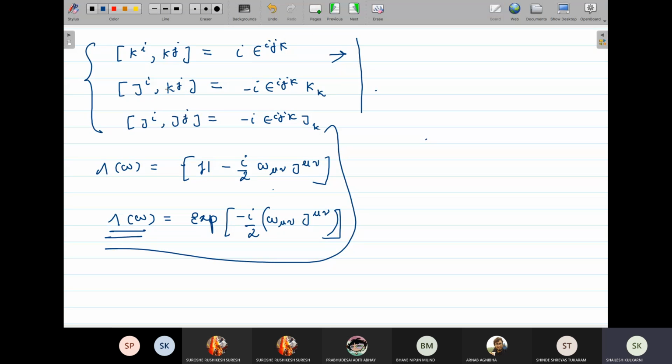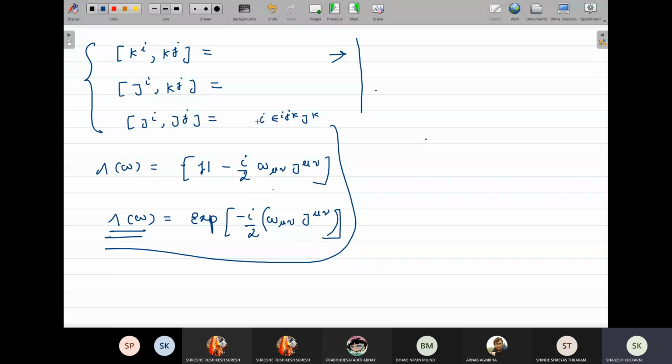Let me erase this right hand side. So J_ij is i epsilon_ijk J_k. Previously we were writing i epsilon_ijk with lower k, that is minus of i epsilon_ijk J with upper k.